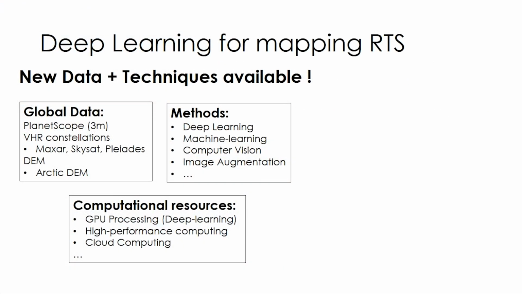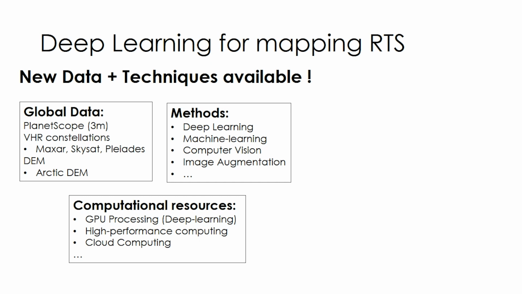What we are trying here is to apply deep learning to map and monitor these features across large areas. Over the past years, a lot of new data and techniques have become available. For example, we have PlanetScope data, very high resolution data constellations, and high resolution elevation models like the ArcticDEM. We also have a lot of new methods: deep learning, machine learning, computer vision.